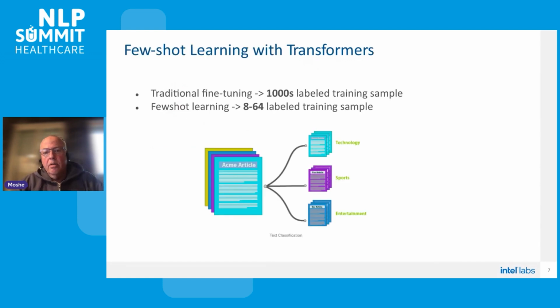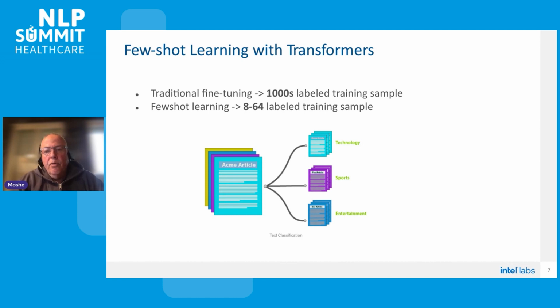So let's start to talk about few-shot learning, more specifically few-shot learning with transformer models. Traditionally, when we want to fine-tune a transformer model for a specific task, for example topic classification, like in this image, where the task is to classify a document into 1 of 3 topics, we will need a few thousand labeled examples in order to reach acceptable accuracy.